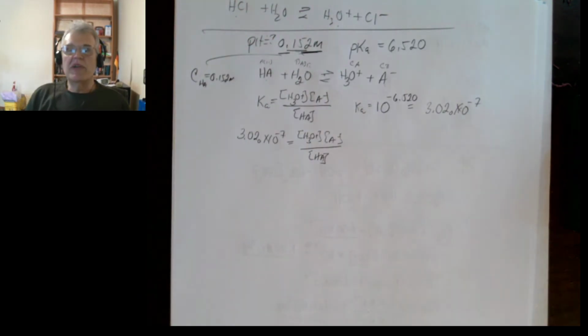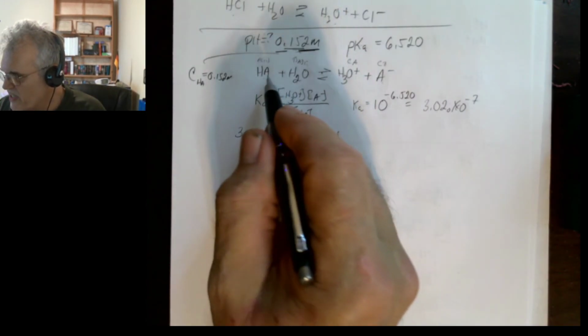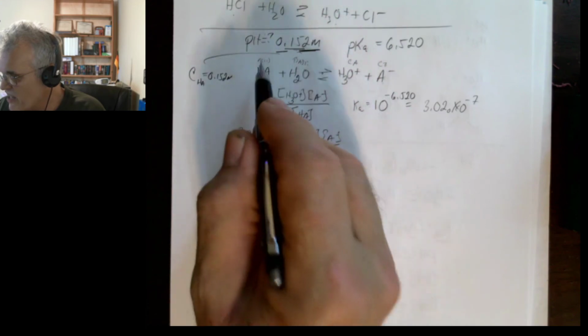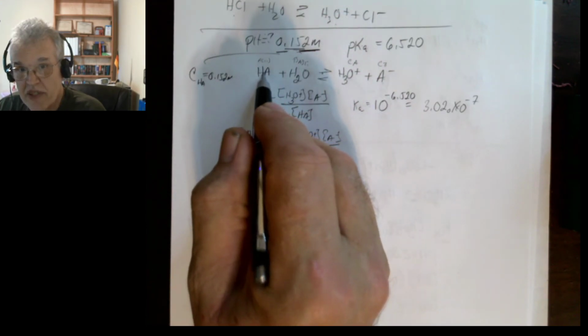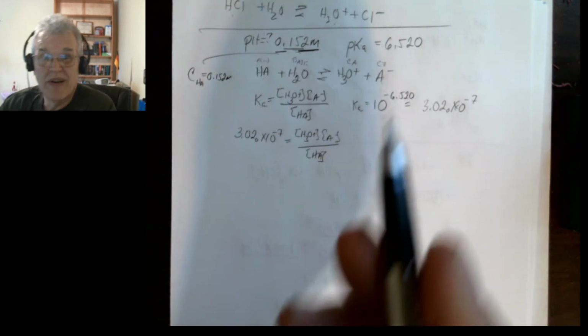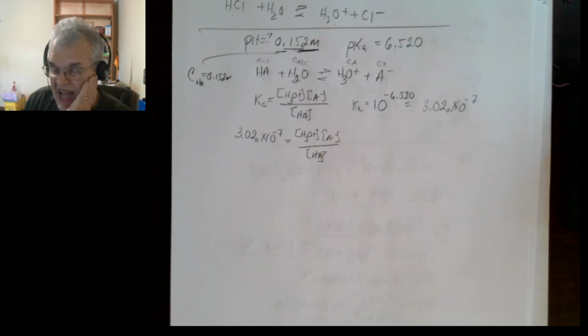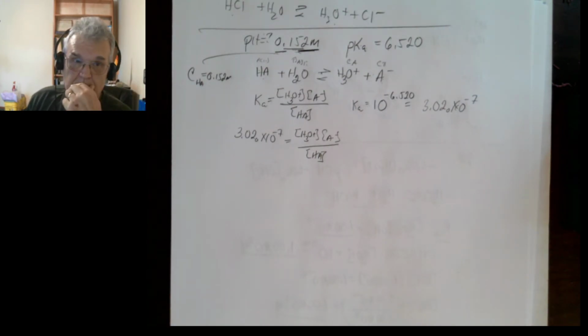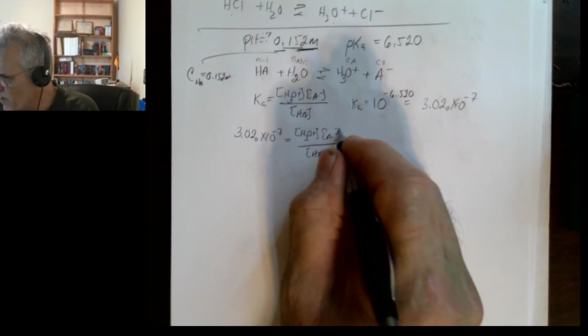That tells me how many moles of acid I put into a liter of water to make my acidic solution. That I've been given. But once it's in there, some of it forms A minus, some of it forms HA. I don't know how much is this form or that form, so I don't know what the concentrations are. I've got three unknowns. I can't solve it. So I've got to do something to simplify.